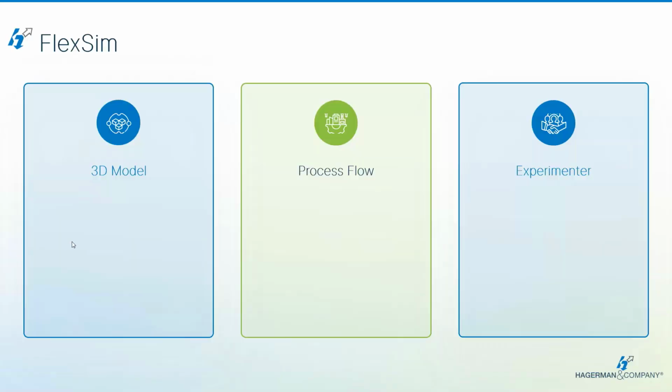So once again, with FlexSim, we've got the 3D model where we can work from an existing library. We can work with existing floor plans, typically through AutoCAD. We can work with importing 3D models, and FlexSim is a relatively new acquisition by Autodesk. So I'm really looking forward to what the future brings on the 3D modeling end of things.